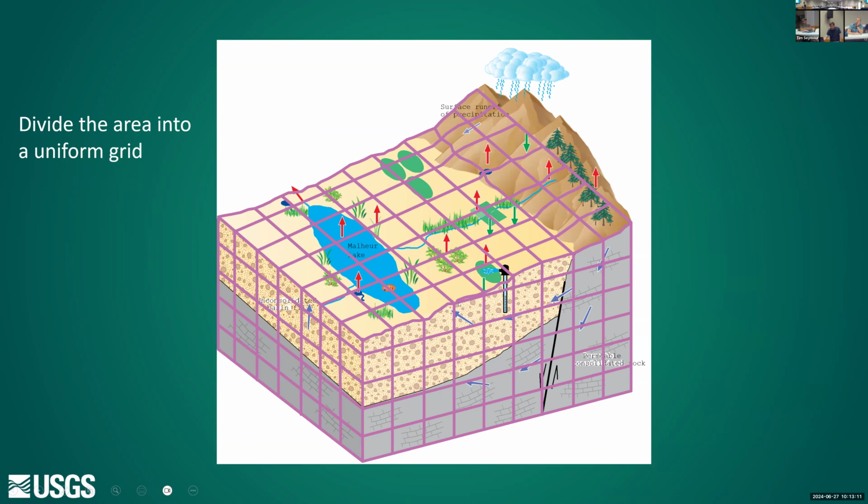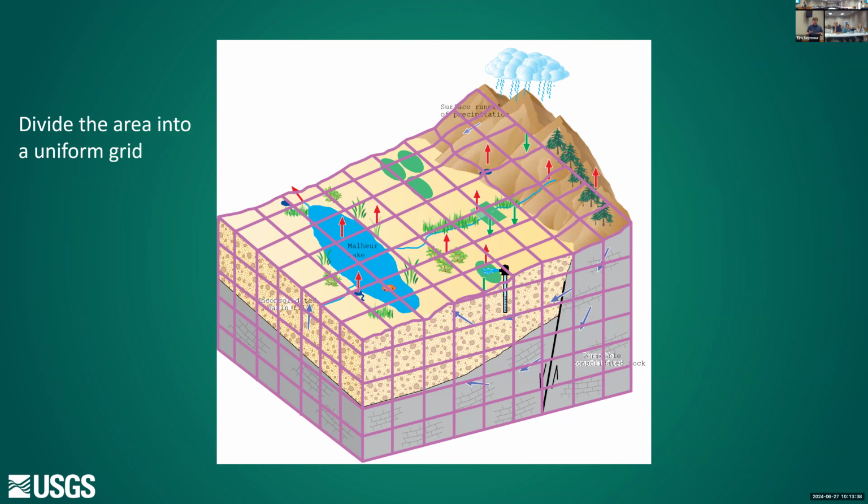Okay. There. Right. So, and then what we do is we divide this geologic framework up into these kind of equal sized boxes. And essentially what we're going to do is solve the groundwater flow equation for every one of these boxes in the model.